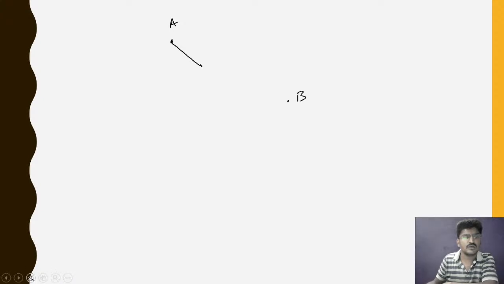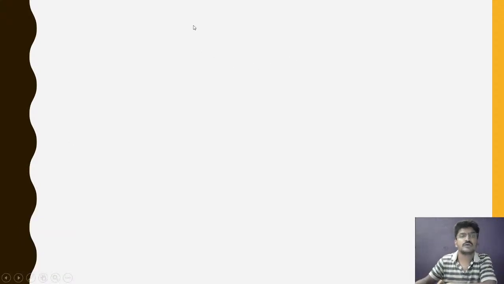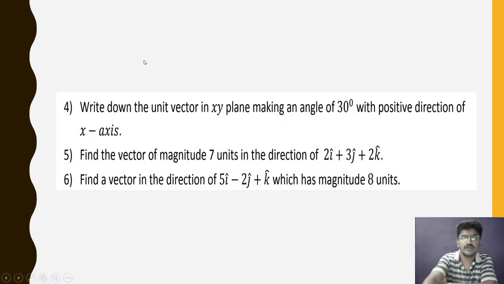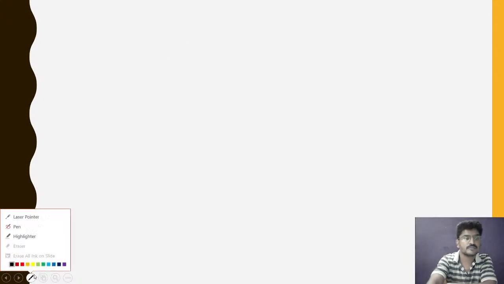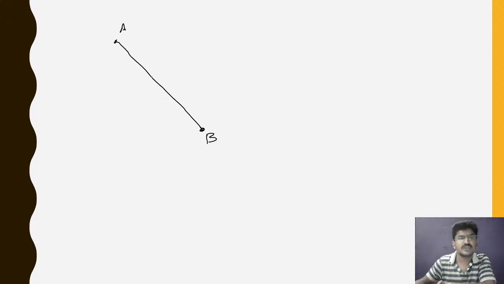For this line segment, there is a point P which divides it internally in the ratio m is to n.